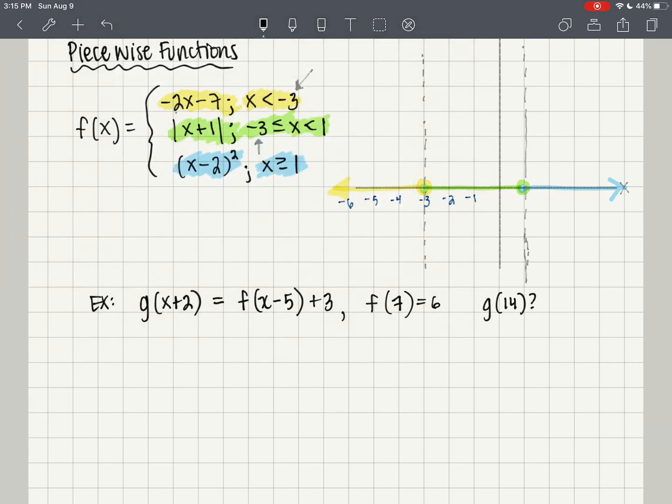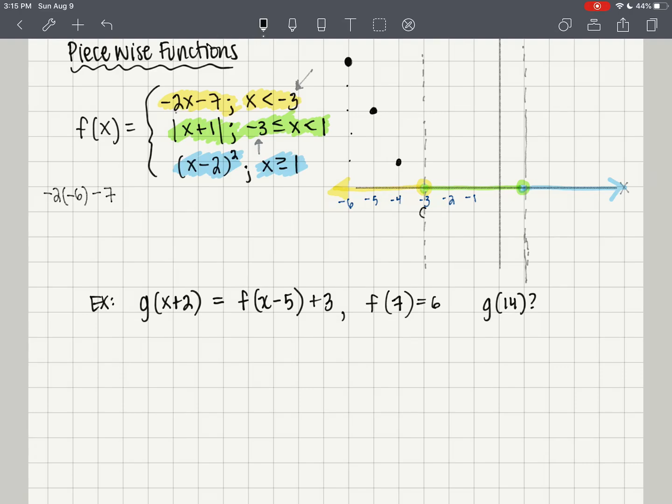Negative 2 times negative 6, minus 7. 12 minus 7 is 5. So 1, 2, 3, 4, 5. Beautiful. I could actually use my slope right now if I wanted to. Down 2, right 1. Or I can continue to use a table.